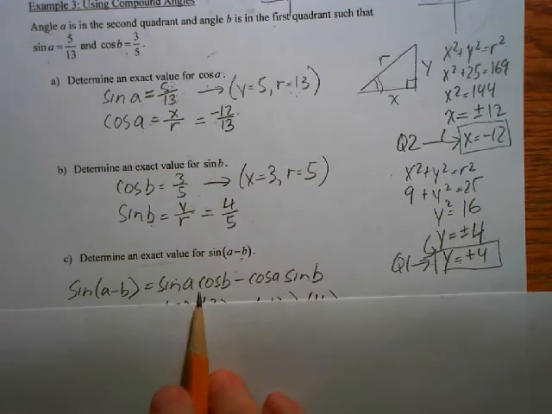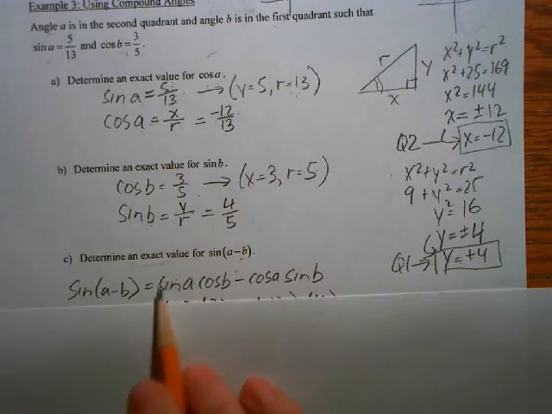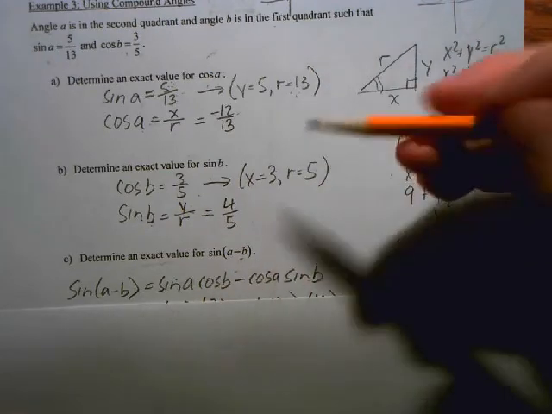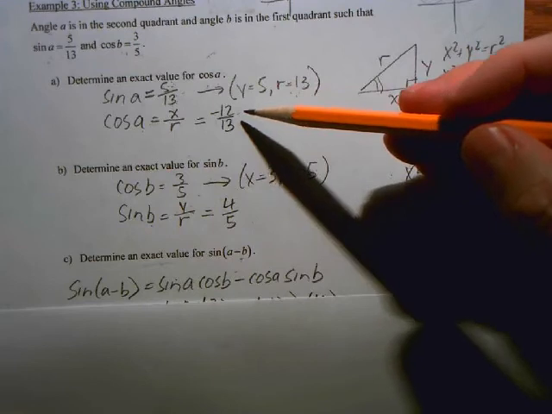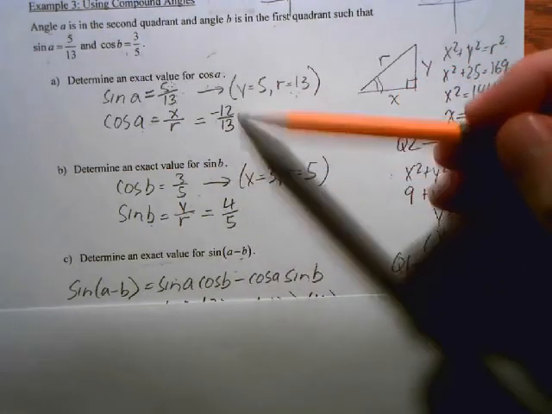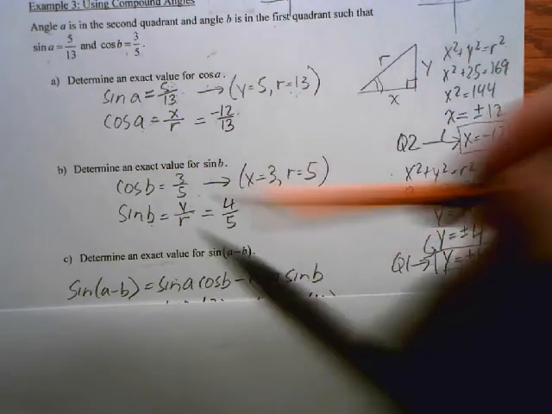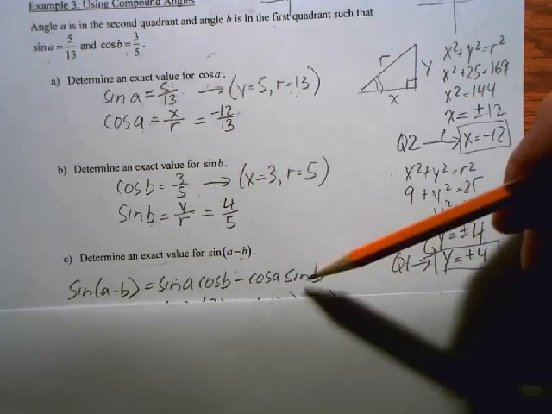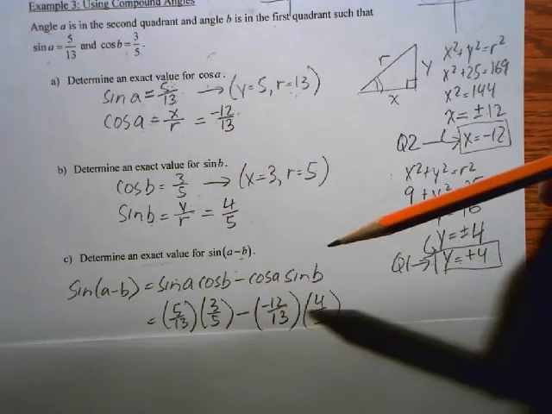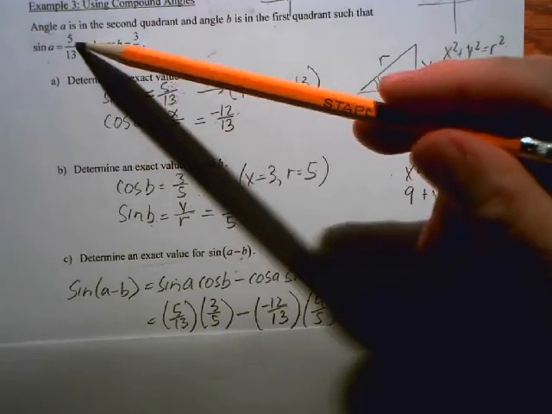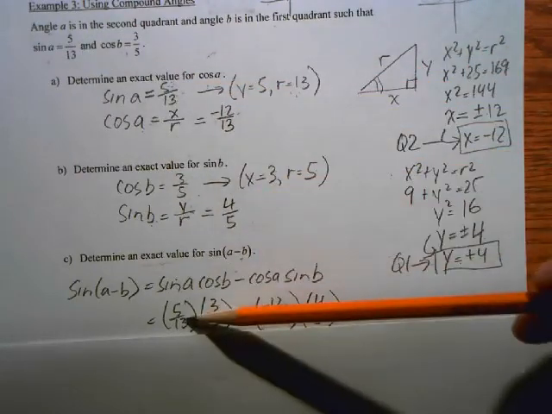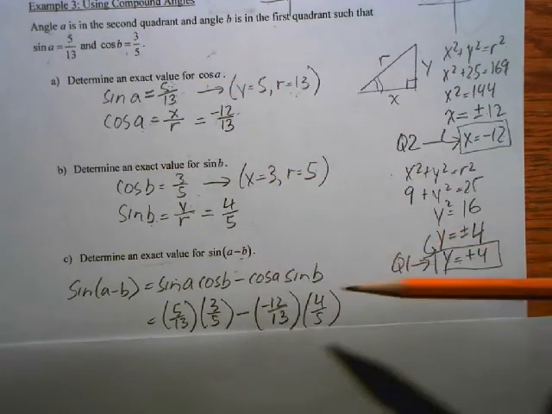And like I said at the beginning of the lesson, we have to know the sine of A, the cosine of A, the sine of B, and the cosine of B. We have to know all four ratios. Well, thanks to the above questions, we added the two that we didn't know. We didn't know sine B or cos A, but now we do. So we can go ahead, plug in the values we're given plus these values. Okay, and then just simplify.